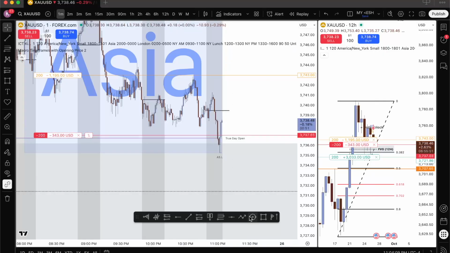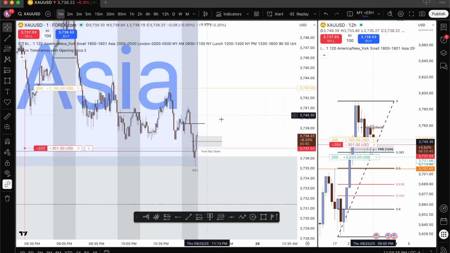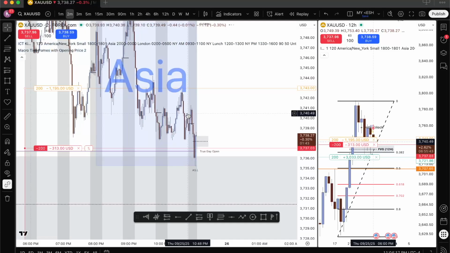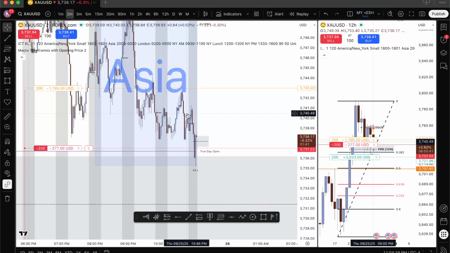Yeah, that balanced price range right here. We're gonna see if this holds. It doesn't look like it's finna hold.